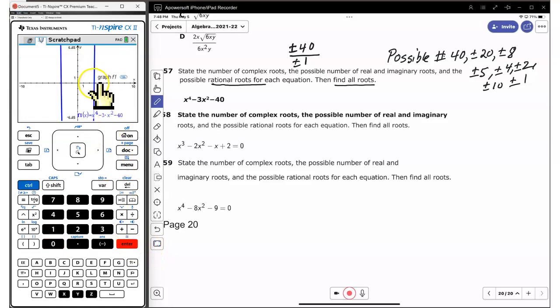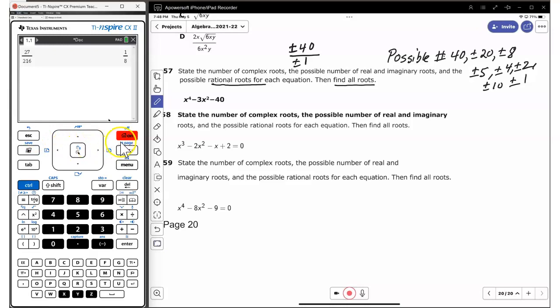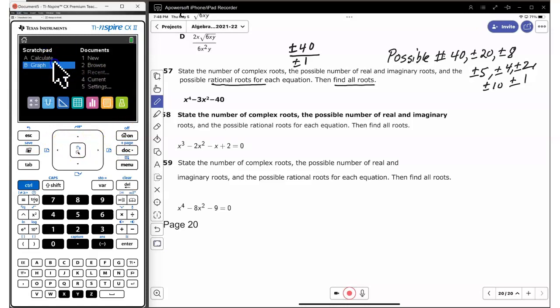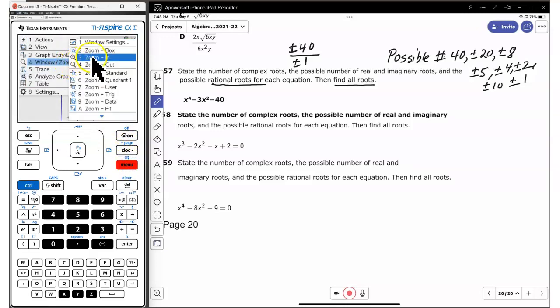And it appears that there are two roots here. So I'm going to adjust the window. I go to the window settings.